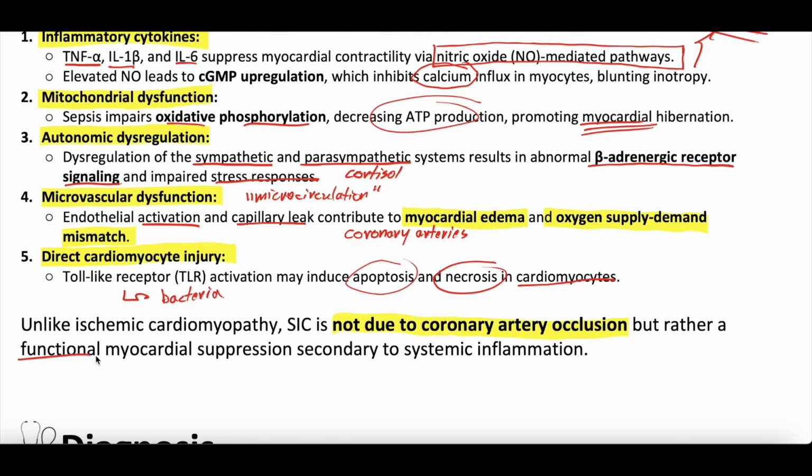Right? This is a functional myocardial suppression secondary to the systemic illness being septic shock. Okay, so keep that in mind as we think about the pathophysiology and the interventions that might be helpful. This is very, very different from ischemic cardiomyopathy, where you actually have a thrombosed coronary artery. This is a global functional disease.